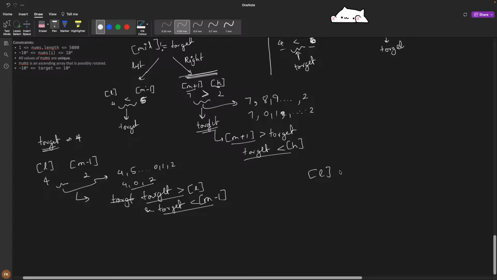Here L is less than m minus 1, this is the simple case, and target falls between, it is greater than low, and target is less than m minus 1. We choose this left side.